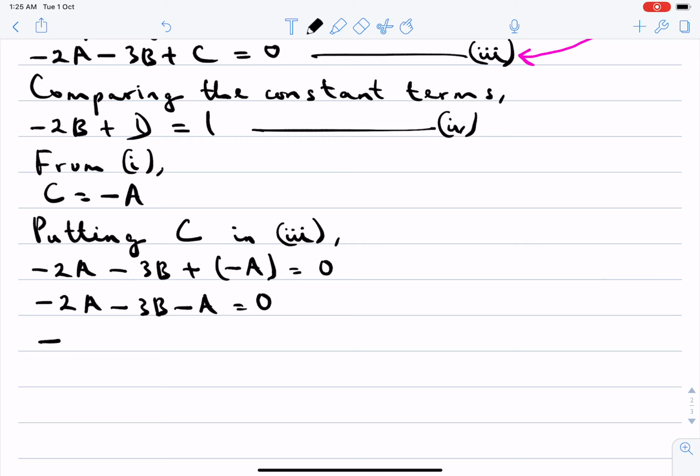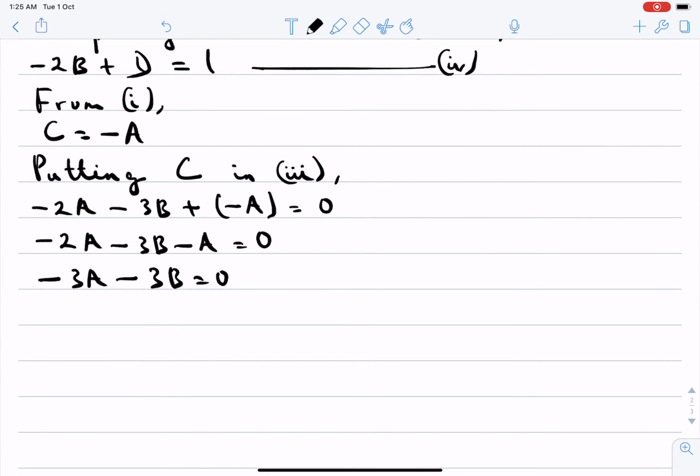And that means minus 3a minus 3b equals 0, which is the same as a plus b equals 0. That's if I divide through by minus 3, a plus b equals 0, and that's equation 5.